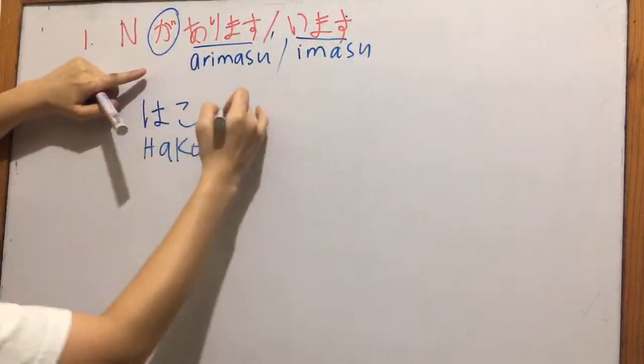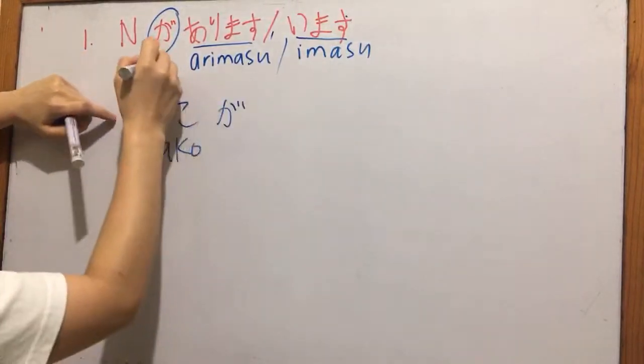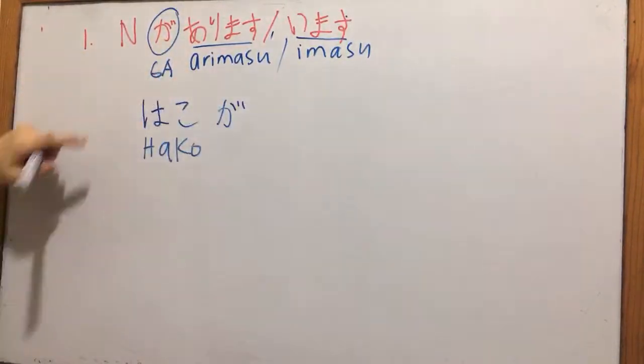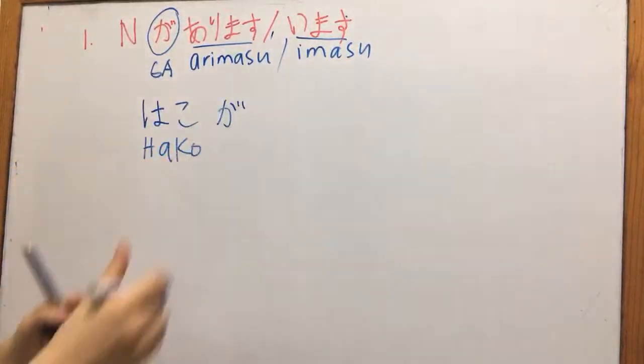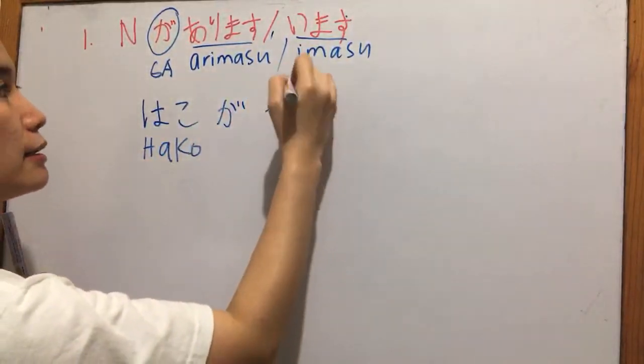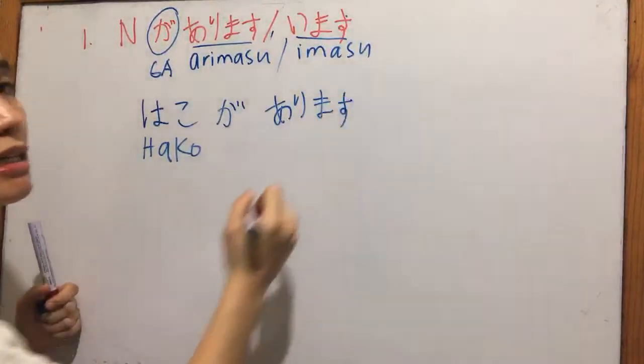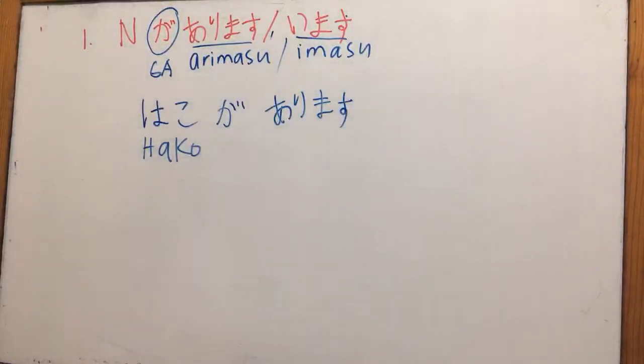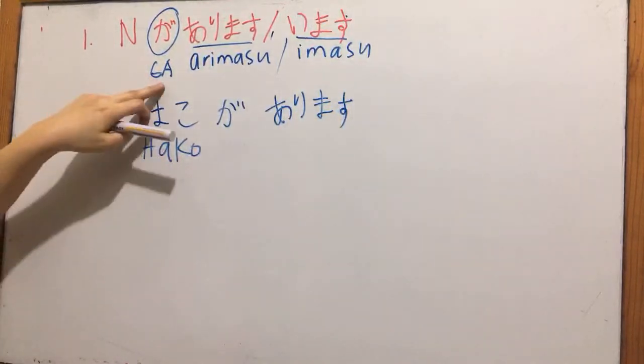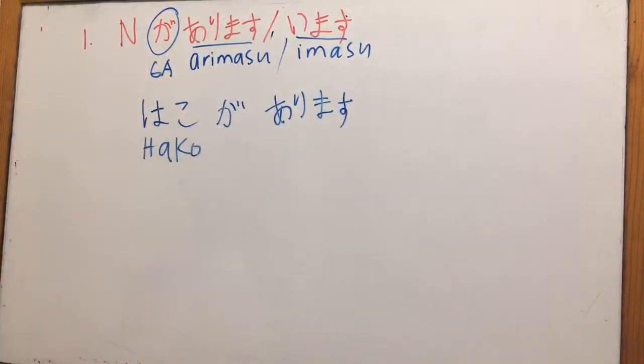Then add ga. Hako ga arimasu. Then add arimasu, since hako cannot move by itself, it's a thing. So we have hako ga arimasu. It means there is a box. There is a box. Hako ga arimasu.